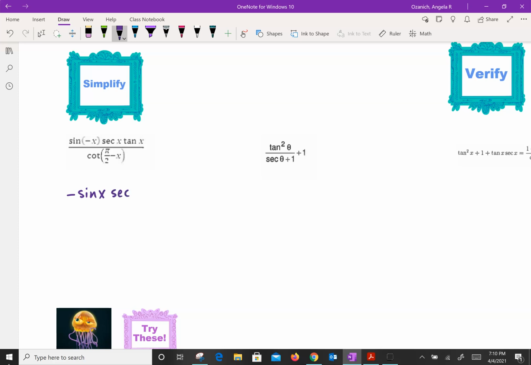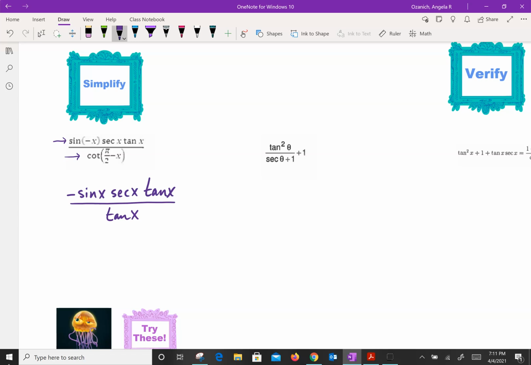And then I still have secant of x, tangent of x, which I will probably change to 1 over cosine and maybe sine over cosine in my next line, but we're going to deal with this odd even and then this cofunction identity right here. Cotangent of pi over 2 minus x can be rewritten as tangent of x. So cotangent and tangent are those cofunctions.